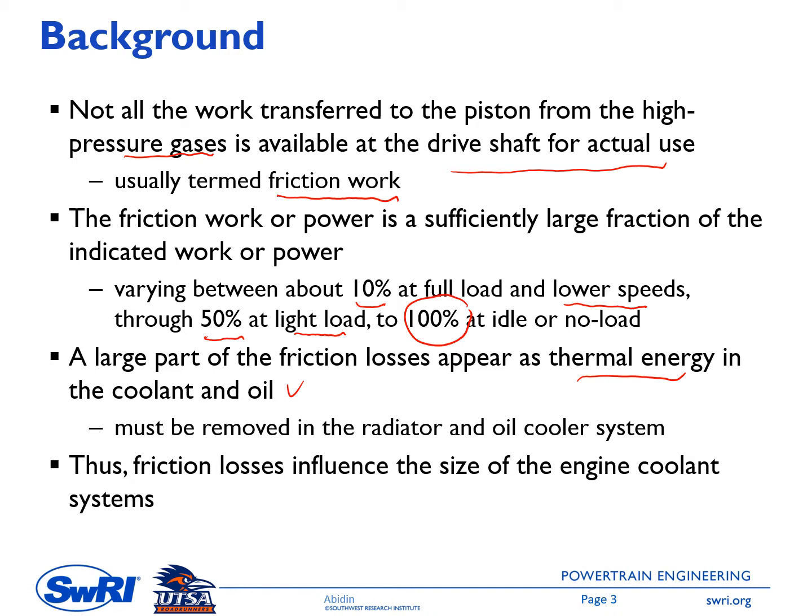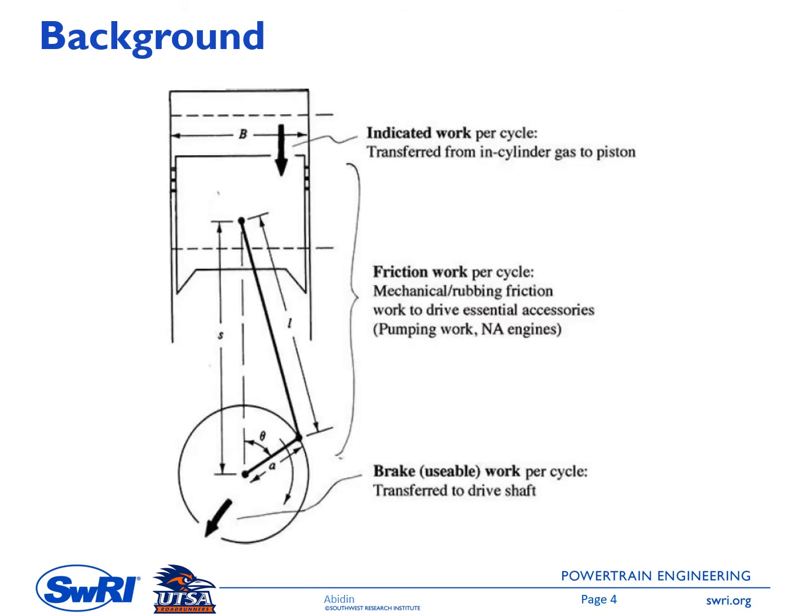These friction losses affect the maximum brake torque and minimum brake-specific fuel consumption directly. So a knowledge of friction power is required to relate the combustion characteristic of an engine, which influences the indicated power, and the useful output power, which is called brake power.